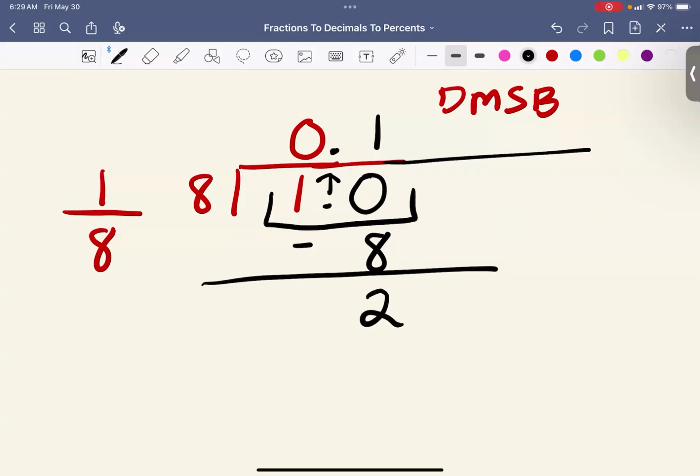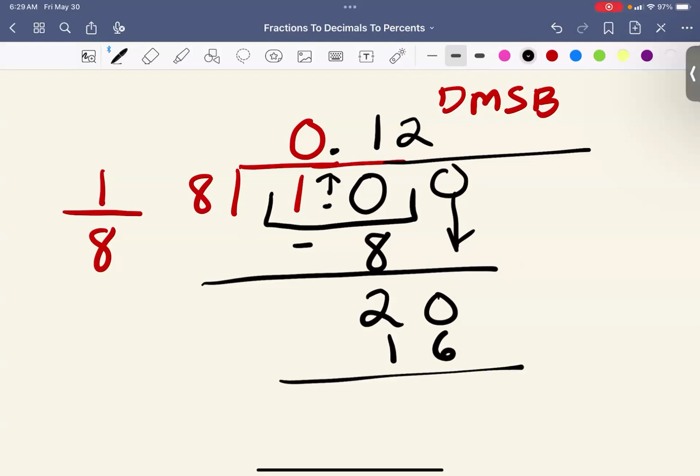I want to keep dividing at least to the hundredths place. So I got to add a 0. Bring that 0 down. 8 into 20 is 2. So I divided. Now I need to multiply. 2 times 8 is 16. 20 minus 16 is 4.